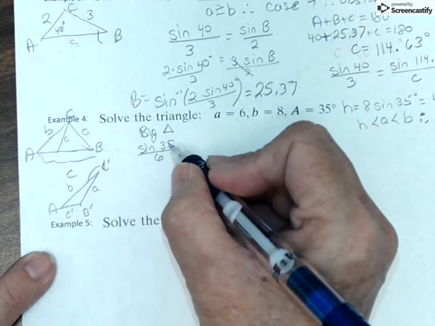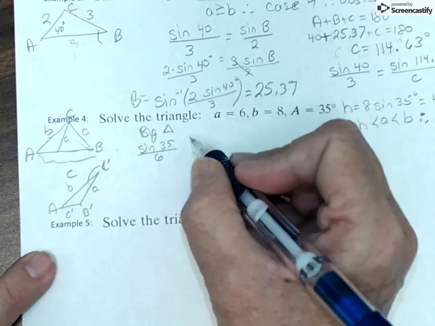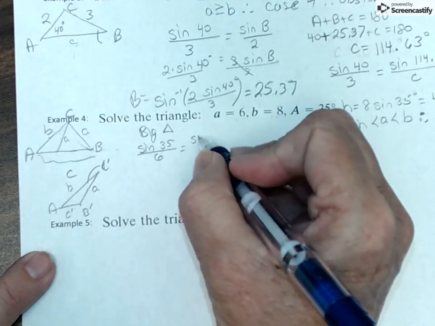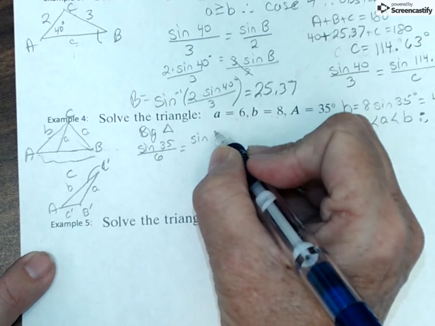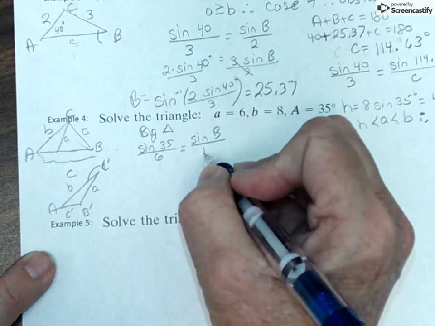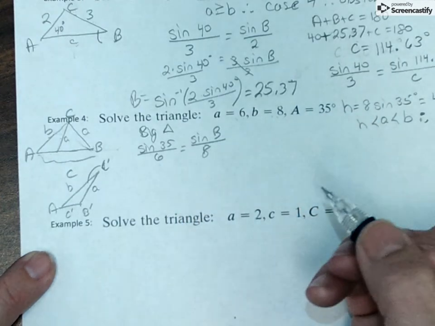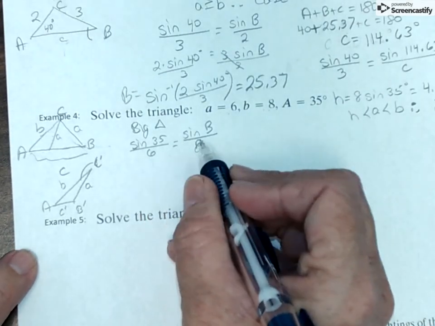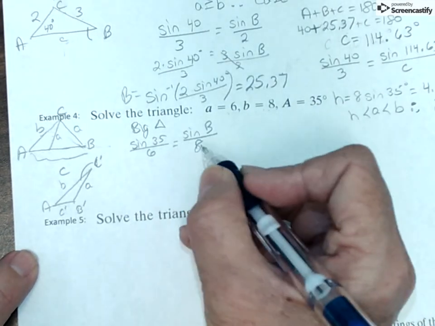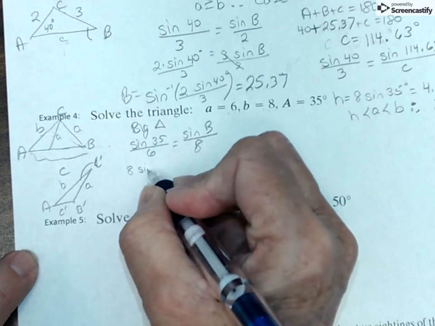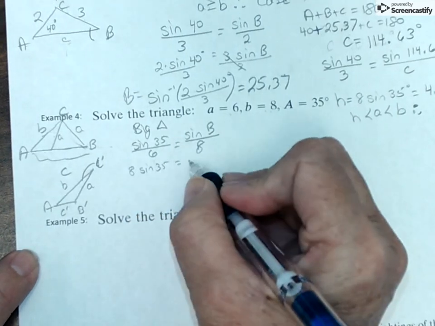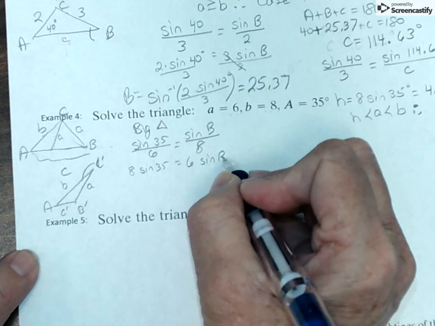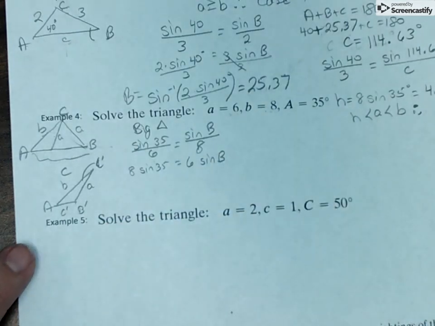So this is sine of A divided by length of a is going to equal sine of B, which we don't know, over little b, which is 8. Again, if we cross multiply, 8 times the sine of 35 equals 6 times the sine of B. And let's continue this on the next video.